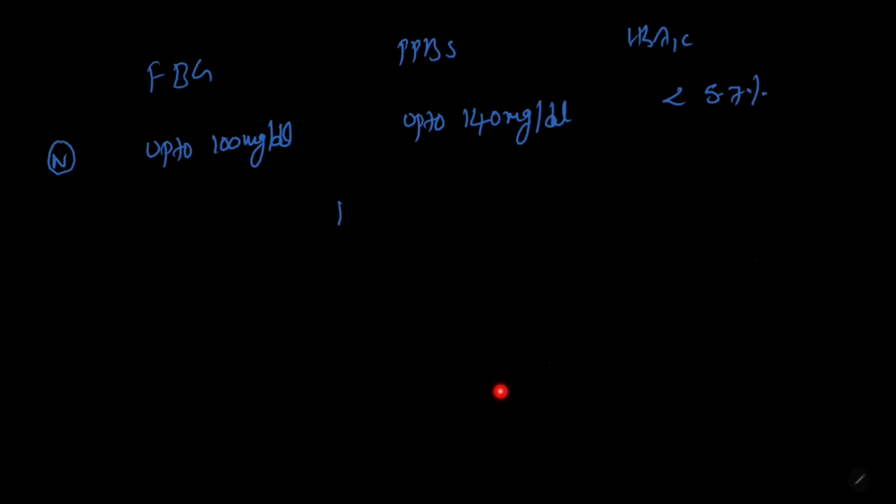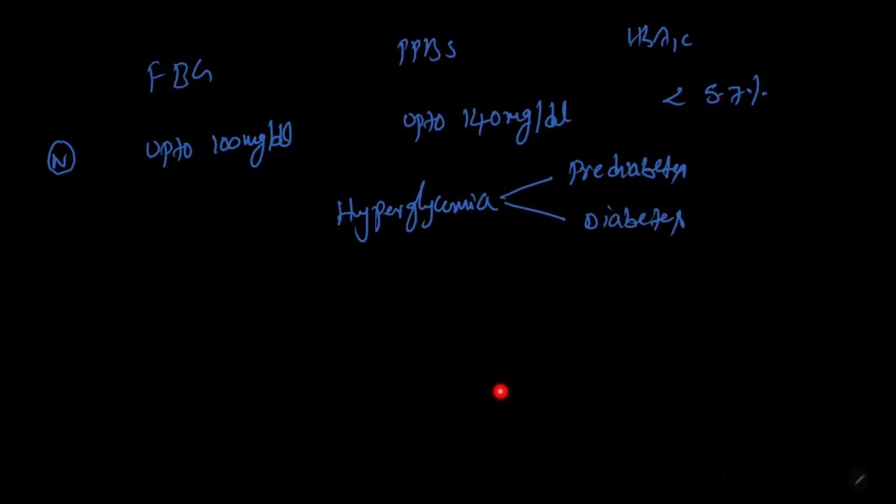Now, whoever has hyperglycemia, more than the normal, they may develop either pre-diabetes or diabetes.